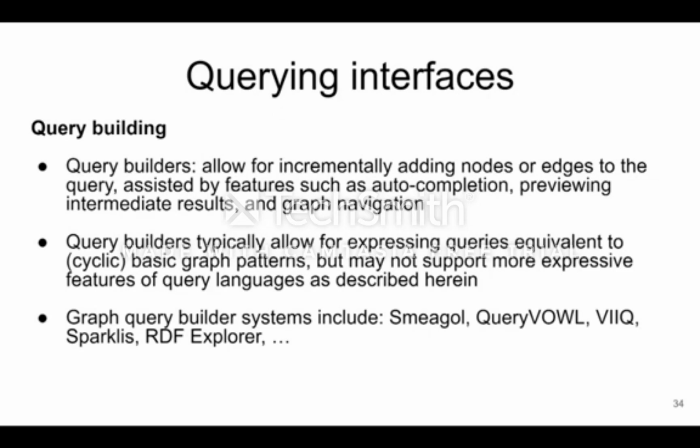Such query builders allow for incrementally adding nodes and edges to the query, assisted by features such as auto-completion, previewing intermediate results, and graph navigation. Query builders typically allow for expressing queries equivalent to cyclic basic graph patterns, but may not support more expressive features of query languages as described herein. Here are some examples of graph query builder systems.